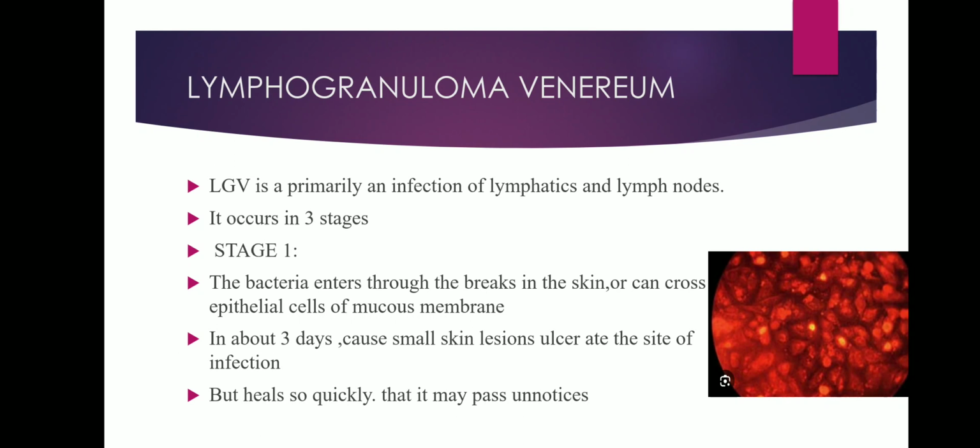In about 3 days, it causes small skin lesions that seem like an ulcer at the site of infection, but heal so quickly that in some people it may pass unnoticed. This is stage 1 of lymphogranuloma venereum infection.